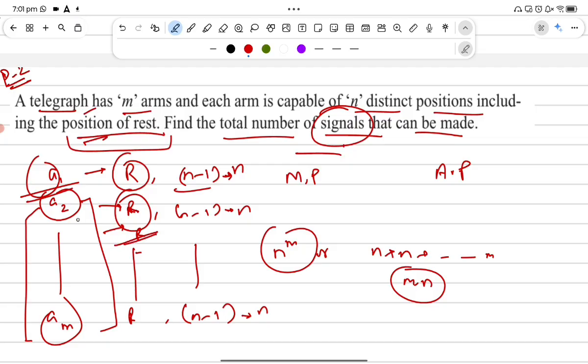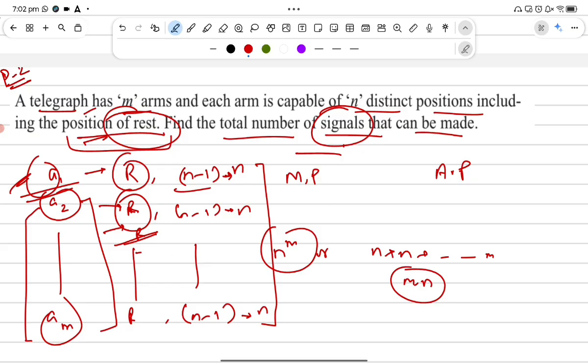So even if the remaining arms are not doing anything, they are involuntarily choosing the position rest. So all of them are making a choice. Even if you're saying that if one of the arms chooses, it's sufficient for you, it's okay. That means the remaining all of them are just at rest. They're involuntarily choosing a position.